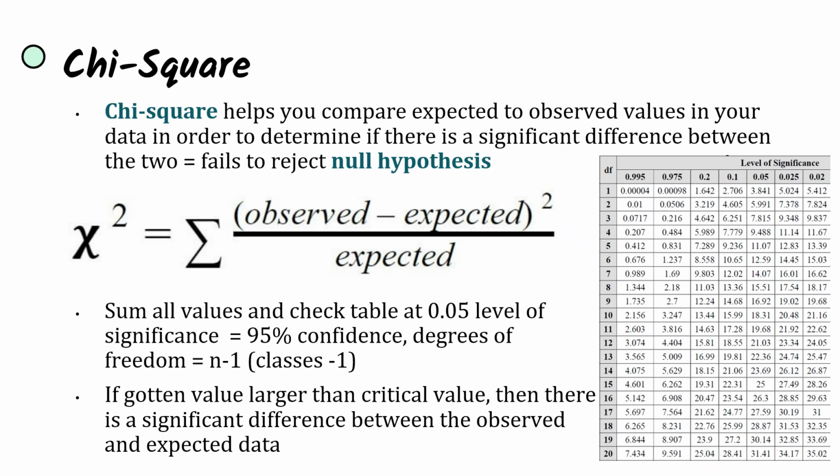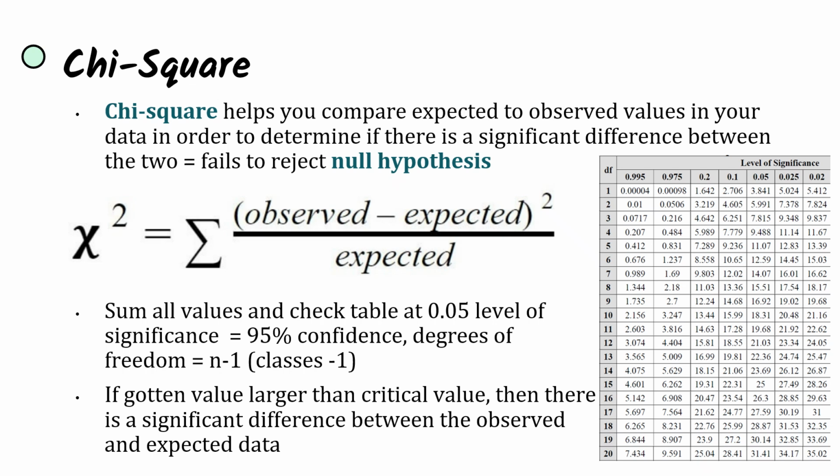So it's time to talk math. Chi-square test. The chi-square test helps you compare expected to observed values in your data in order to determine if there's a significant difference between the two. So is the statistical probability that you calculated, does reality represent that, or is it significantly different from your calculations?